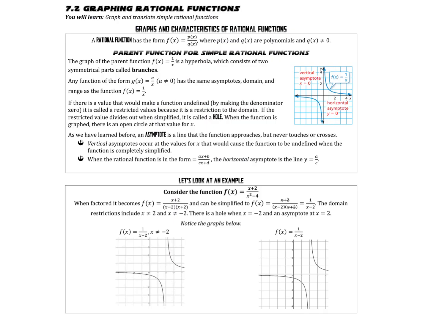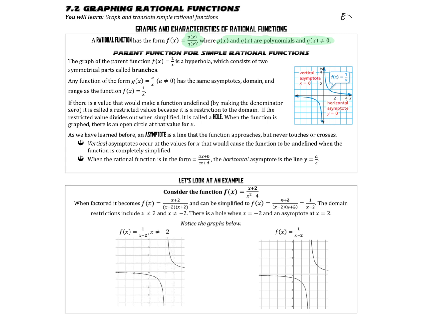So what is a rational function? A rational function is a function with a polynomial over a polynomial. So for example, this says p of x over q of x, where p of x and q of x are polynomials, and q of x is not equal to 0 because we can't have 0 in the denominator of our fraction.